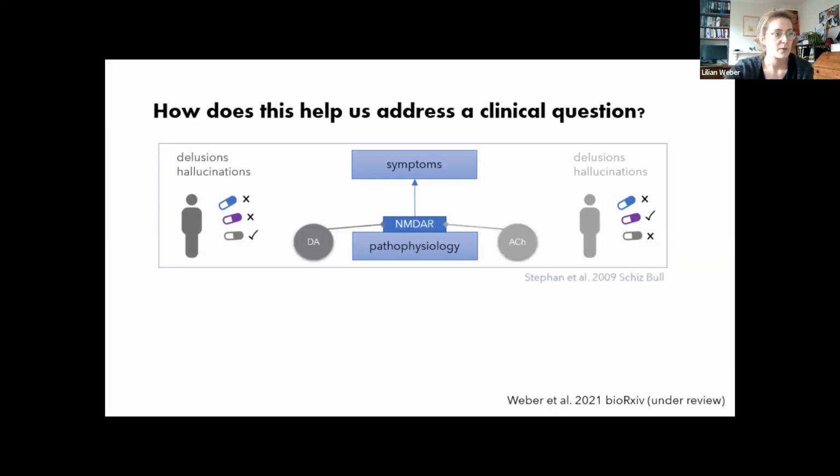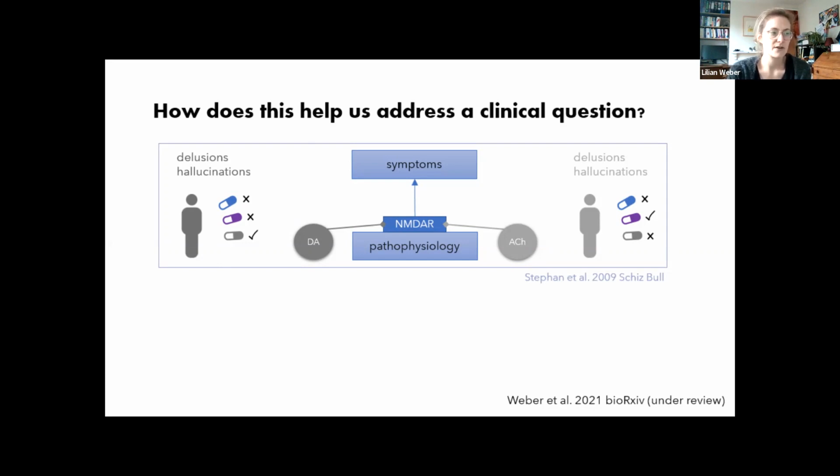We know that dopamine and acetylcholine both are potent modulators of the NMDA receptor. And so this has led to the hypothesis that maybe a dysregulation of the NMDA receptor might be something like the final common pathway for schizophrenia. But one axis which might explain heterogeneity in treatment response across patients might be whether the origin of the problem is more a dopaminergic or more a cholinergic one.